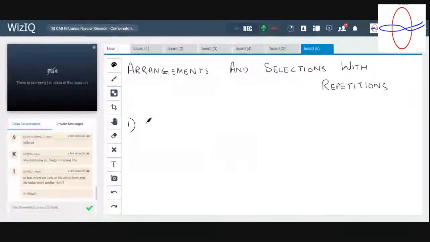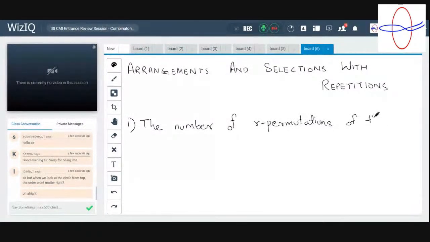So first, the number of permutations of a set a1 to an, so I have some n objects, where r belongs to n obviously, with repetition allowed.